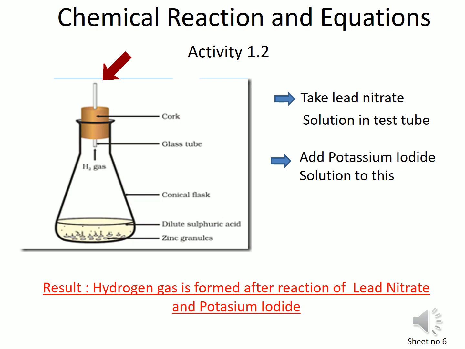So whatever gases are generated will exit from this glass tube. After adding dilute sulfuric acid to the zinc granules, if we shake the conical flask, then the reaction will take place. H2 gas will get generated and it will emit from this glass tube. This is also a chemical process.